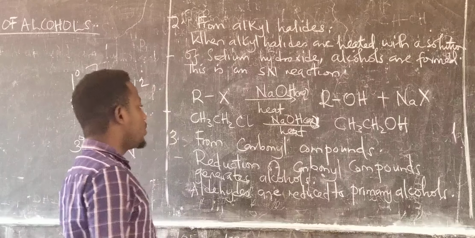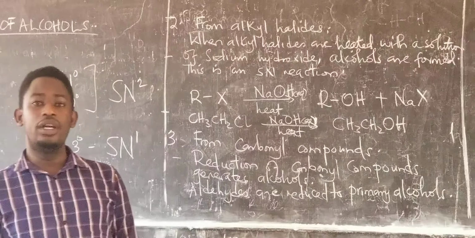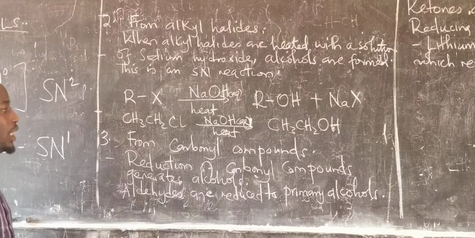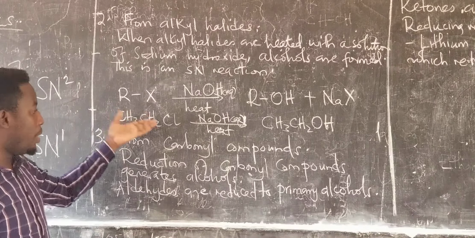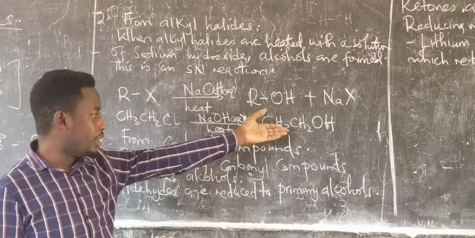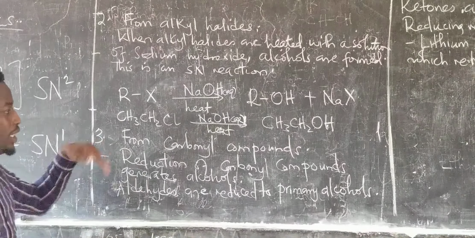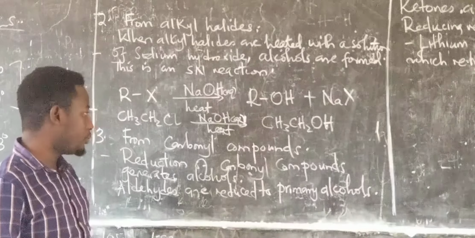So the class of the alkyl halide determines the class of the alcohol that shall be formed. If the alkyl halide is primary, the alcohol will be primary. If the alkyl halide is secondary or tertiary, the alcohol being formed shall be the same.